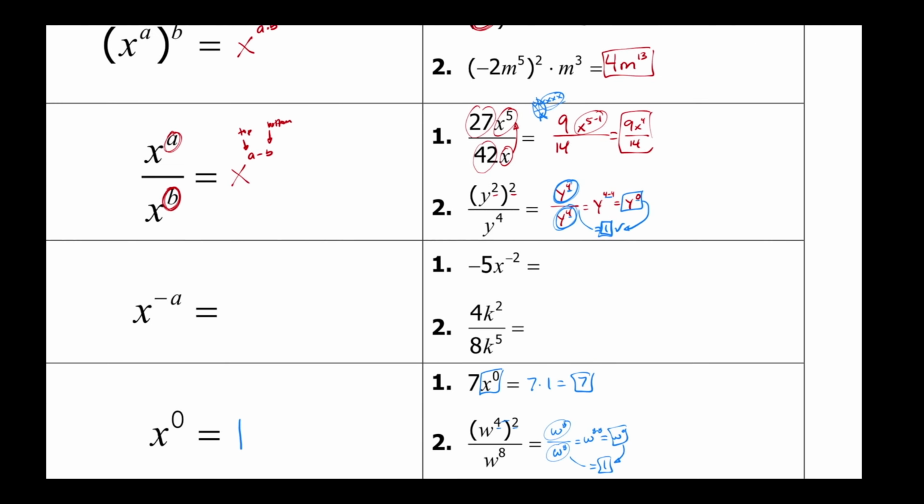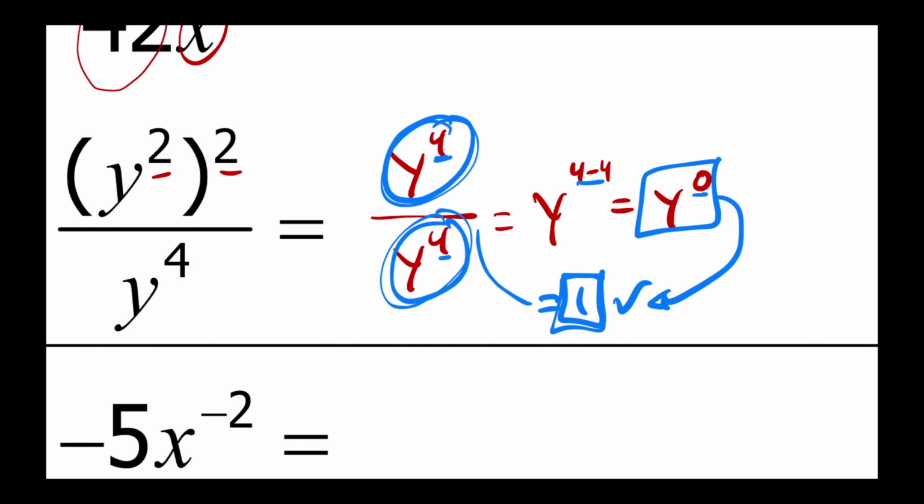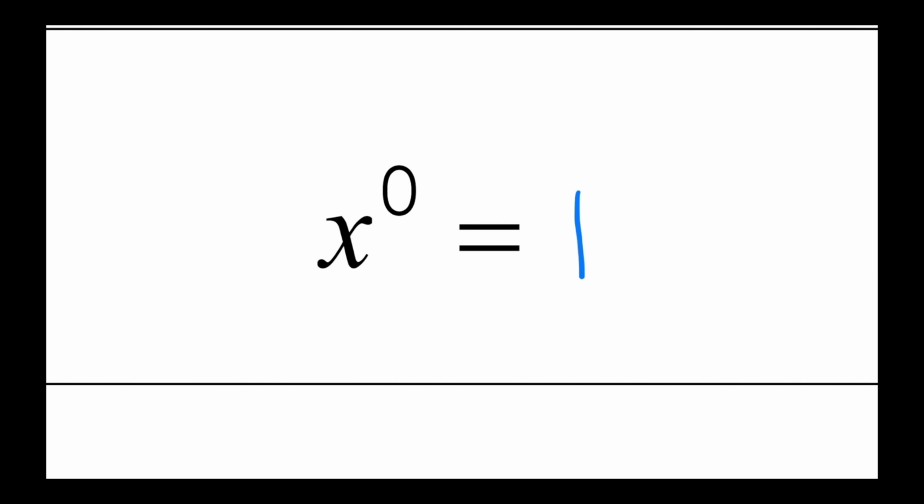And then we tried to do that here, and we got y to the 4th over y to the 4th. Well, we know same over same equals 1. But if we do the quotient rule, 4 minus 4 is 0. So this leads to another rule, the zero exponent rule, which states anything to the 0 power is 1.